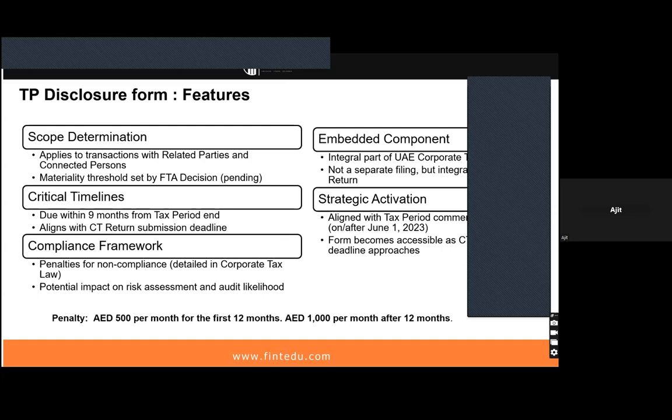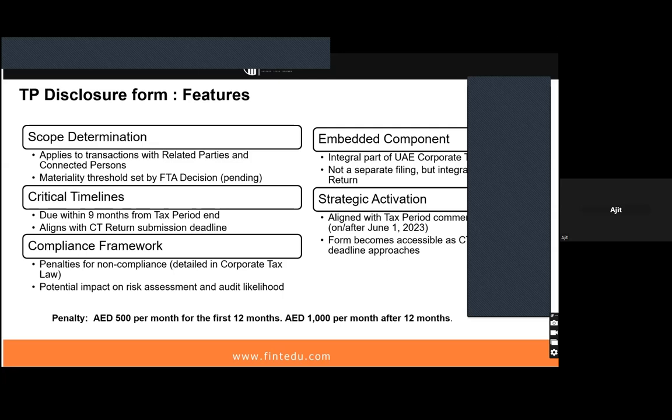There are no specific penalties from a transfer pricing perspective, but similar to what is there in the tax penalties. And we already discussed the scope applies to related parties and connected persons. And one more thing, which is very important: if you see the law and the guide, they specifically talk about a materiality threshold for the disclosure form, that certain material transactions require filing in the disclosure form.